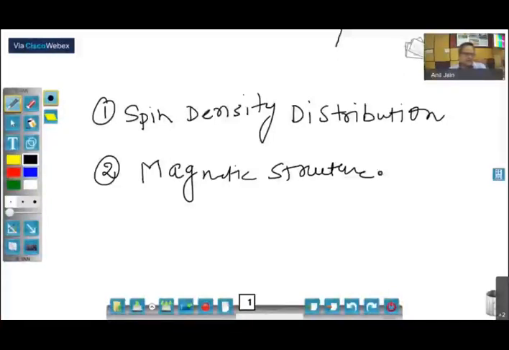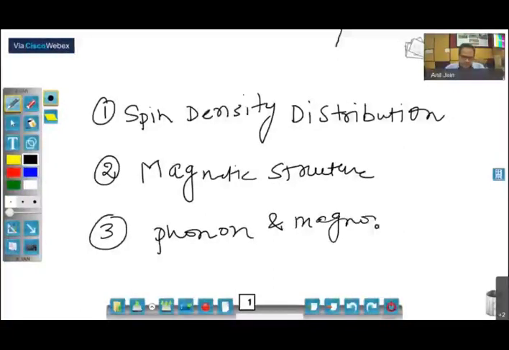So it means you can separate the magnon in your excitation spectra from the phonon. Phonon and magnon separation. So these are the major things which you can do by using polarized neutrons.